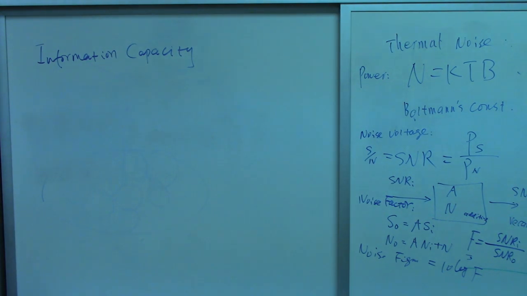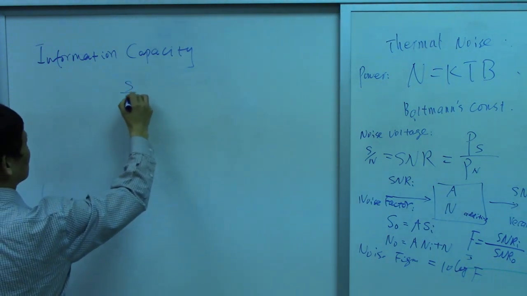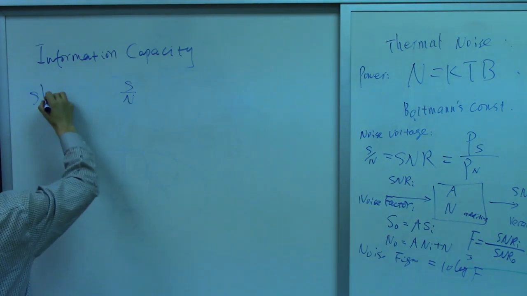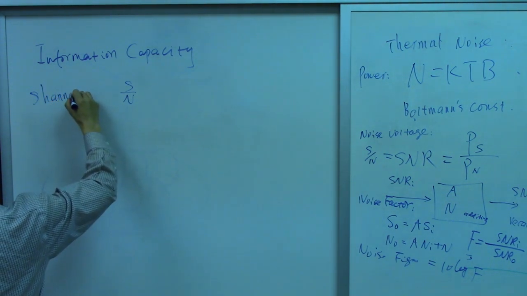If we know the power in terms of signal to noise ratio, and we know the bandwidth, what is the transmission capacity? That means how fast we can transmit. From information theory, this is called Shannon's equation.